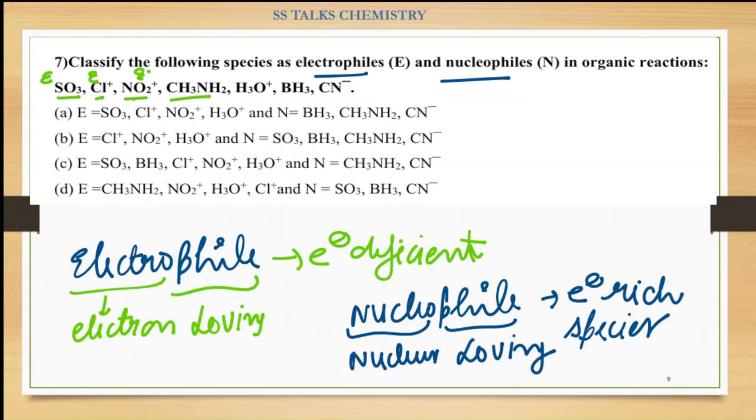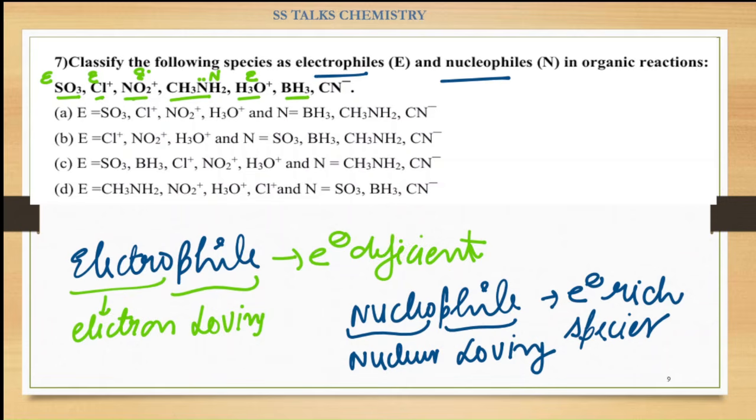Next is CH3NH2. Here you can see nitrogen bears a lone pair of electrons on it. That means this electron density is available for donation. That means it is an electron rich species, so this is my nucleophile. Next is H3O positive. Here the oxygen atom is bearing a positive charge over it, so it is electrophilic in nature.